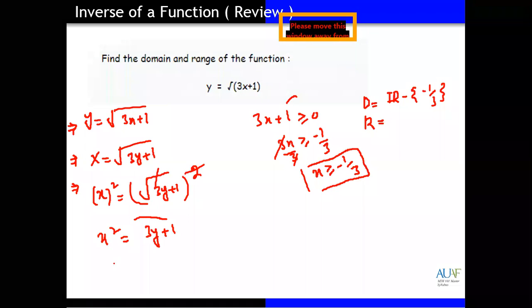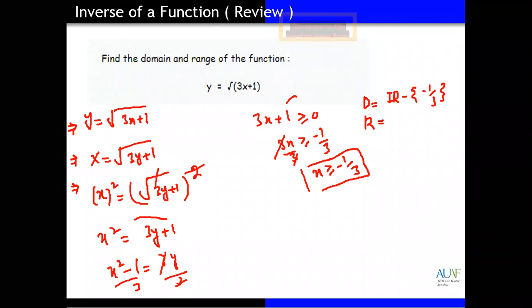So transfer 1 to the other side. We have x squared minus 1 equal to 3y, and dividing both sides by 3, 3 cancels with 3. y is equal to x squared minus 1 divided by 3.